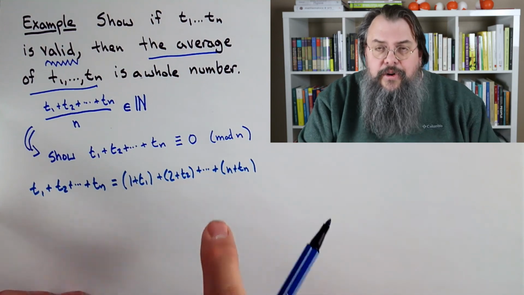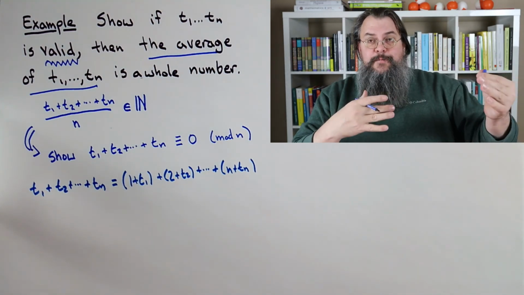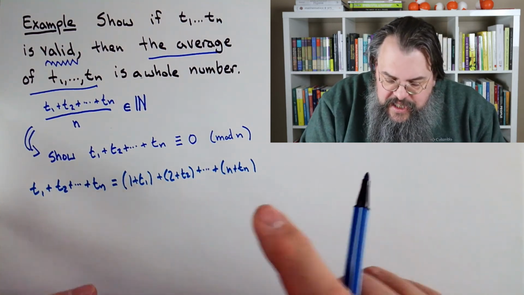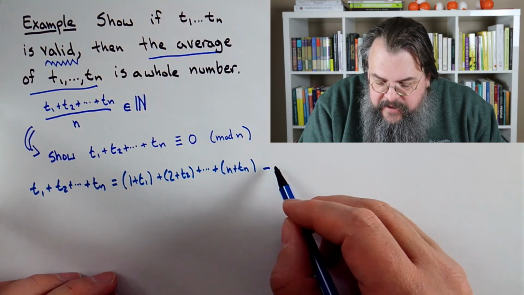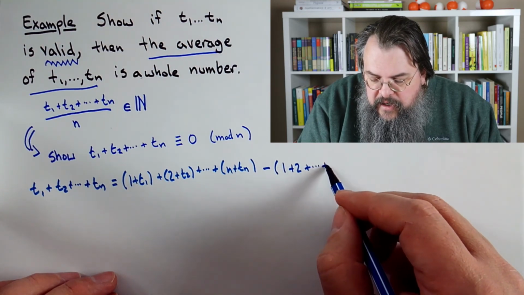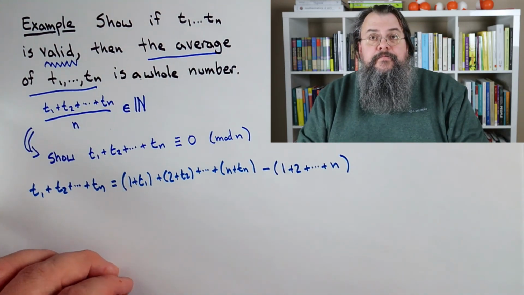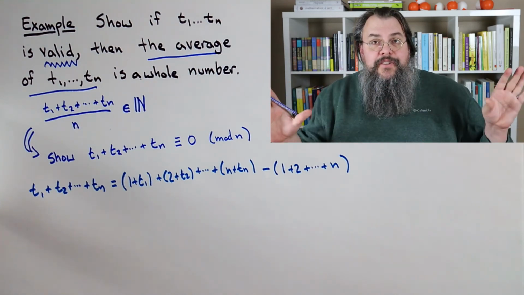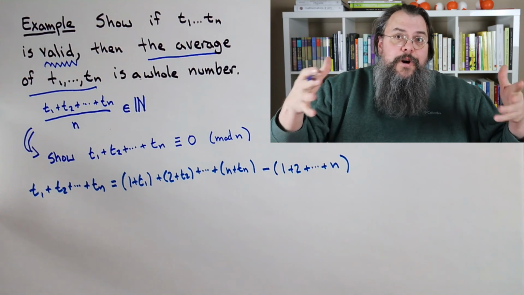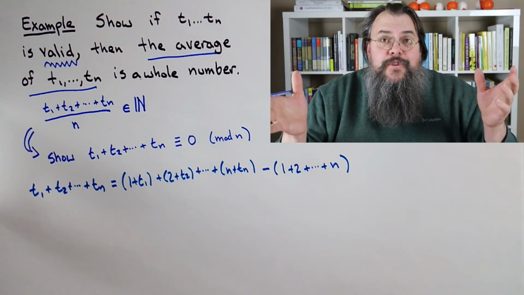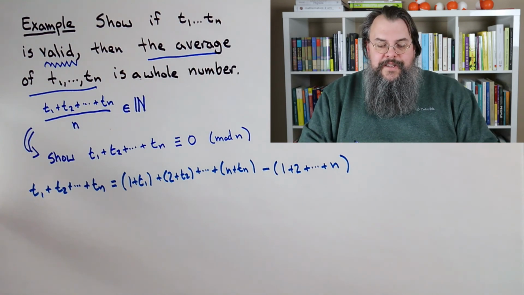These we should recognize, oh yeah, these are the landing times. But we can't say it's equal yet because we've added these numbers in. So that's okay, we'll just subtract 1 plus 2 plus up to n. All right. So now I think we can agree, yes, you've added 1 plus 2 up to n. You've subtracted 1 and 2 up to n. So you're back to where you started.